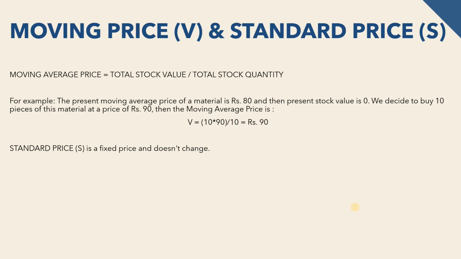Whenever we do the goods receipt, GR, the price is going to change. Then you have the standard price which is fixed, it doesn't change, it is static. So these are the two very important concepts. This also I'm going to show you where it will be. So let's go for the hands-on.